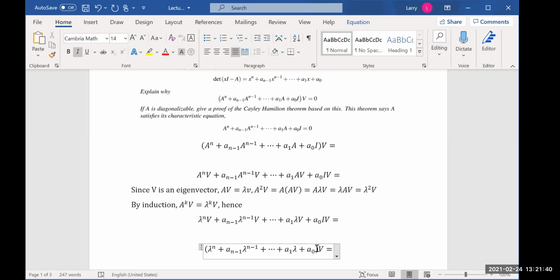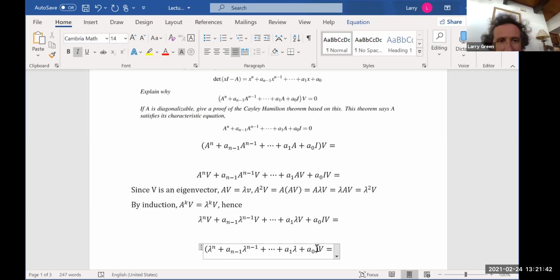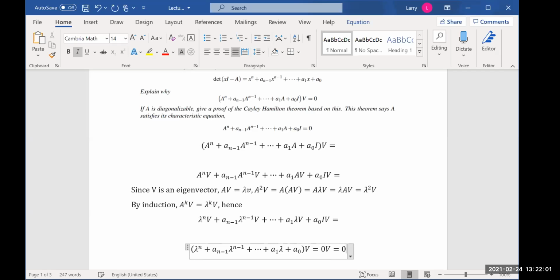It's 0, because we know that lambda is a solution to the characteristic polynomial equals 0, right? So because of that, you get 0 times V, and I hope you all know what 0 times V is. What is it? 0. Well, the 0 vector, right?